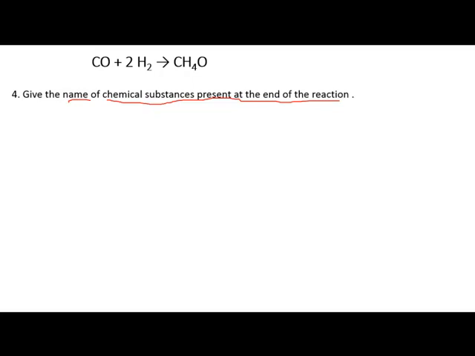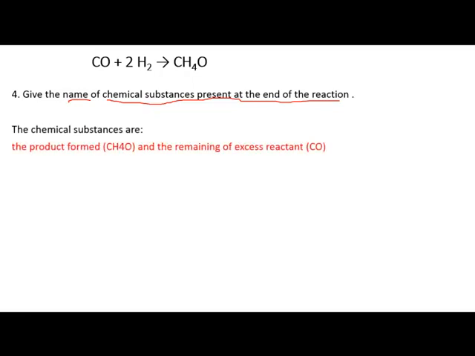So the chemical substance that exists at the end of the reaction is the product in all cases. In any question that asks about the chemical substances present at the end of the reaction, the product is one of them.